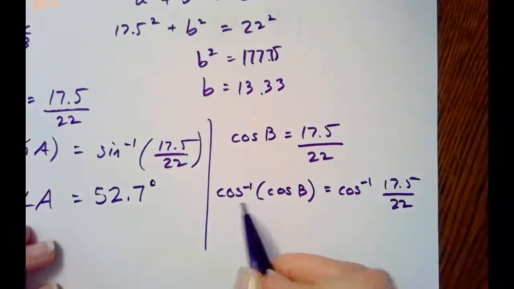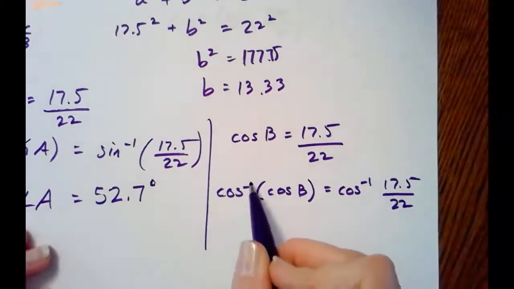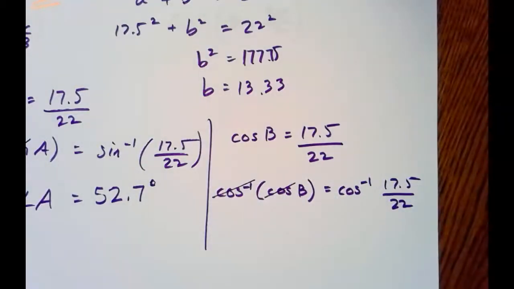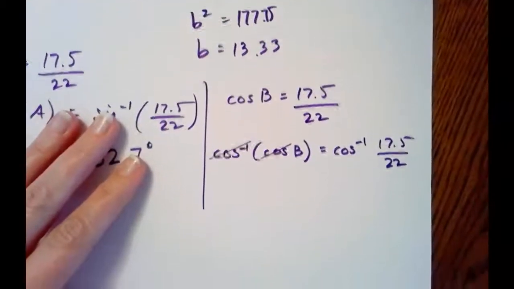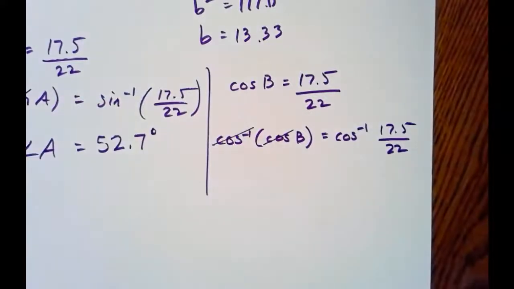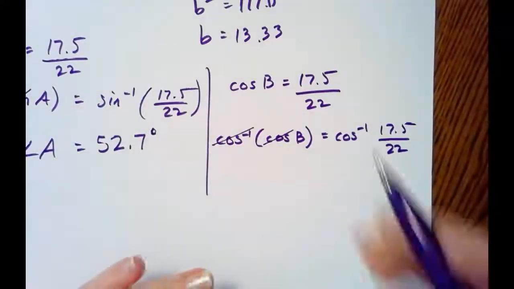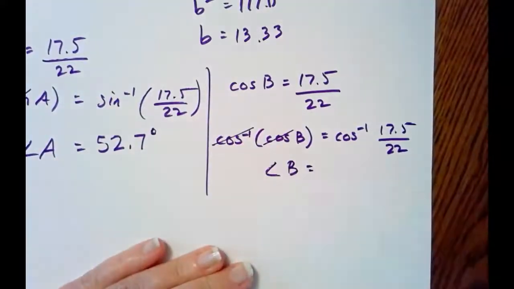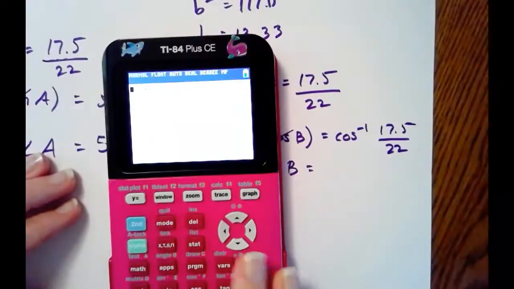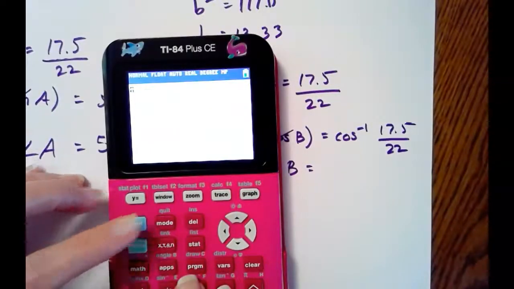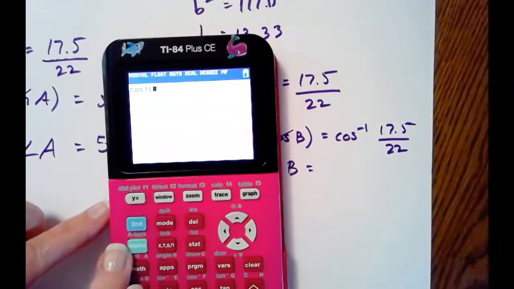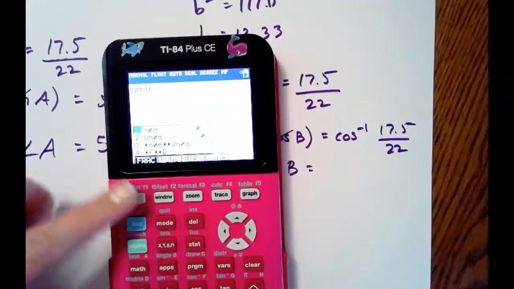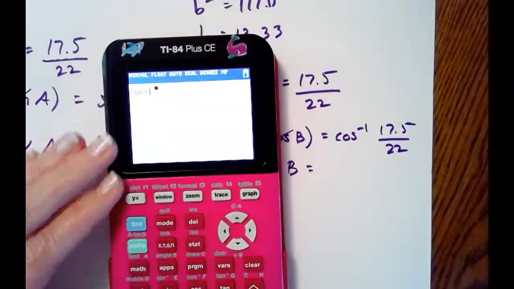The cosine inverse undoes the cosine. I'm writing that on purpose so you can see that those are indeed inverse functions and they are undoing each other. And it leaves us with angle B, which is what we're after. So let's use our cosine inverse function. Once again, to access the fraction, hit alpha F1 on the 84 plus calculators.